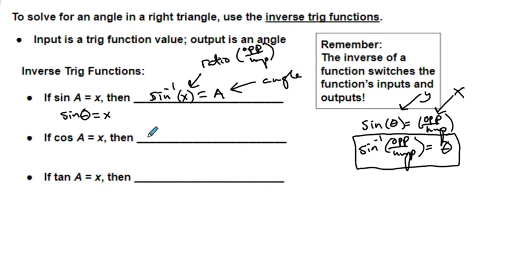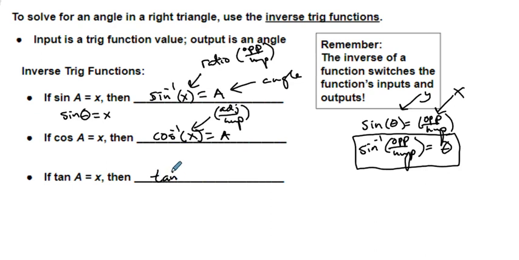It's the same thing for the other two. So the inverse of cosine, your x goes here, and then your A goes here. The only thing that's different is your ratio on this one is adjacent over hypotenuse. We don't flip them; they stay in the same order. You're just taking x and y and switching places with them.